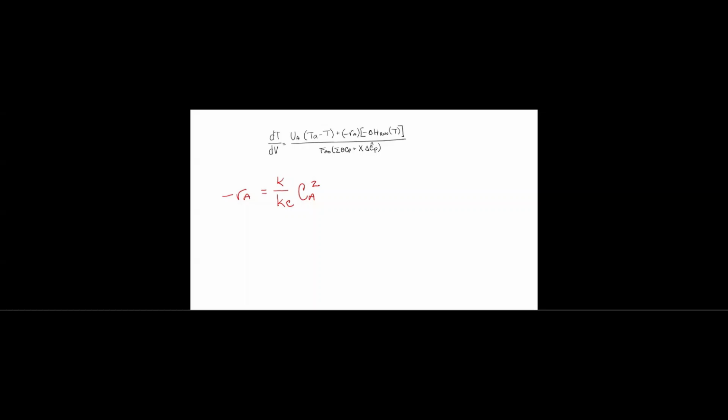And then from there, we want to write that in terms of measurable quantities. So Ca we can't really measure, so we want to rewrite that as a measurable quantity of our concentration of A initially. So that becomes k over Kc, we leave that the same, but then our Ca becomes Ca0, and we want to square that because it was squared previously, and we will multiply that by the group of 1 minus x, so our conversion, and we'll square that as Ca was squared originally.